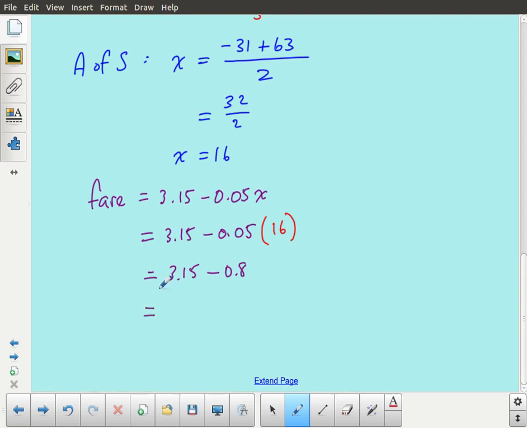And so 3.15 minus 0.8 is 2.35. And that's the fare we should charge. Therefore, we should charge, and don't forget to put a dollar sign here, we're talking about money. So we should charge $2.35 for maximum revenue.